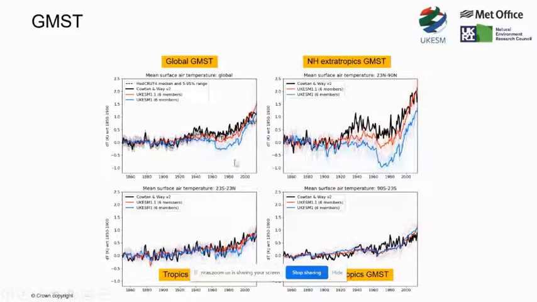in the global mean surface temperature anomaly over the historical period. We have a significant improvement in this large cold bias in UKESM1. Looking at the top right, in the Northern Hemisphere extratropics, it's largely happening in this region.